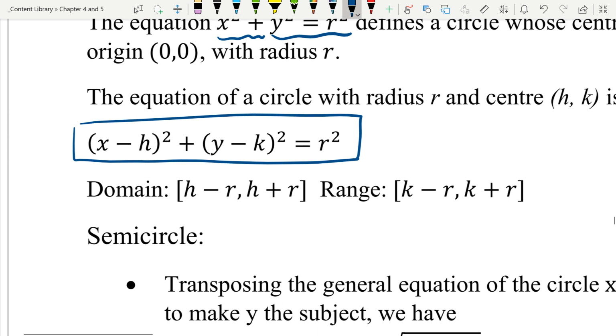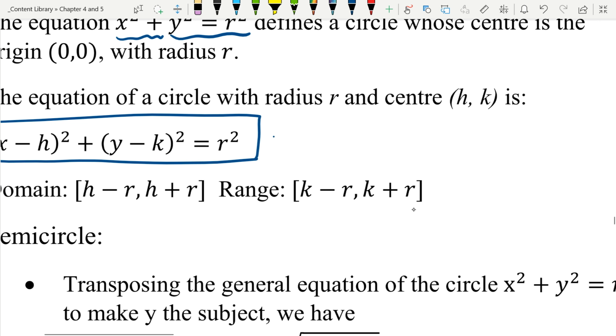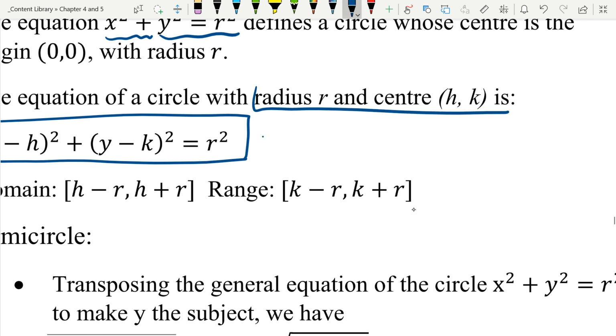So if you have this equation, x minus something squared plus y minus something squared equals to number squared, in this case, we will have center at h comma k. It's written just above here. Okay, we will have radius of r and center of h and k.